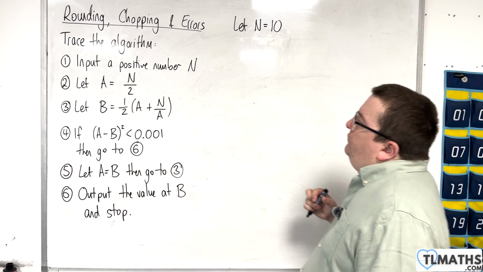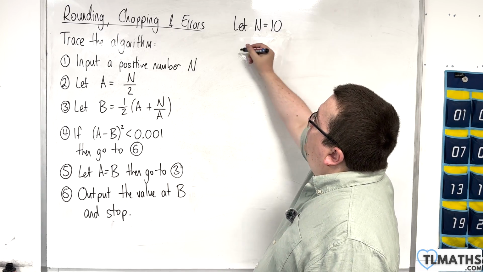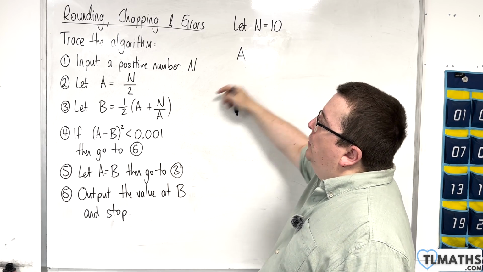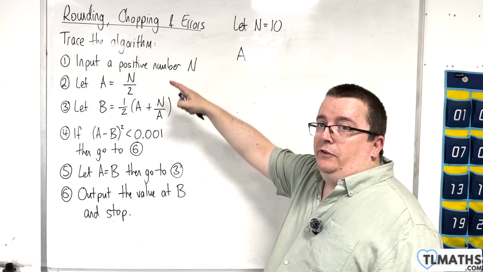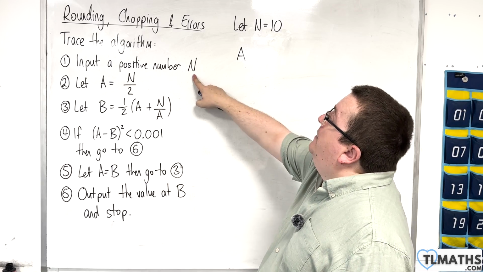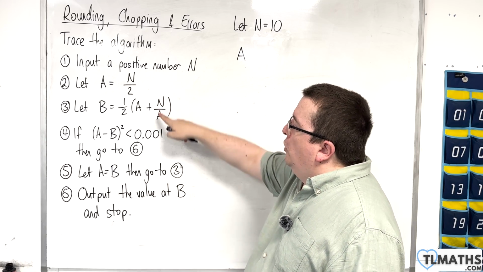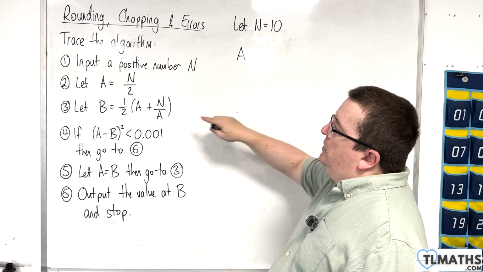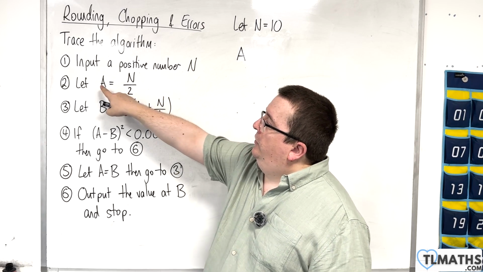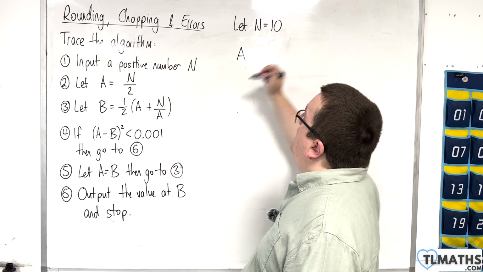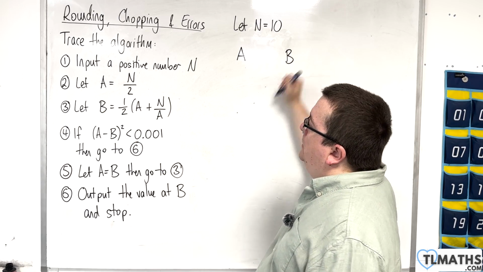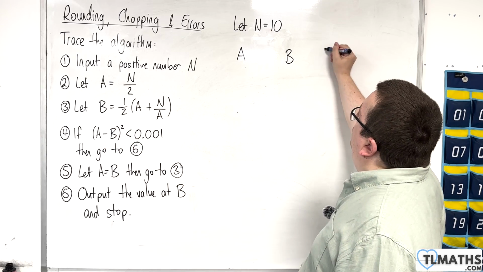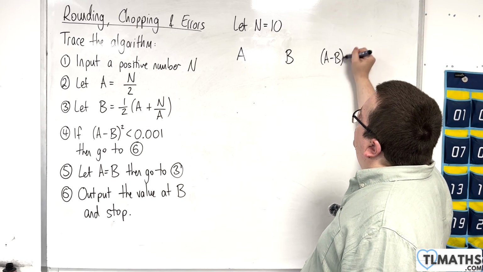So, the way that I'm going to do this is I'm going to set it up as a table. So I'm going to set up a column. If we run through and look at the letters that we've got coming up here, we've got n, and I'm not going to put n as one of my column headers, since it doesn't change. But I've got A, I've got B, I've then got this stage where I've got A take away B squared, so I'm going to have to work out what that is.